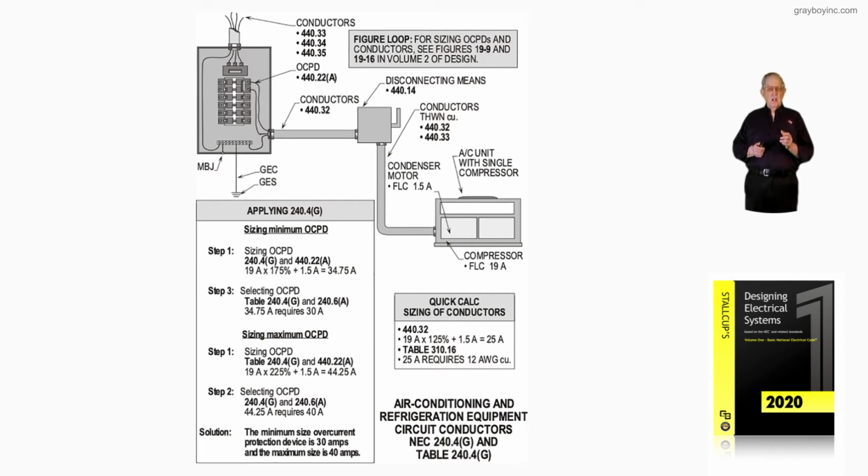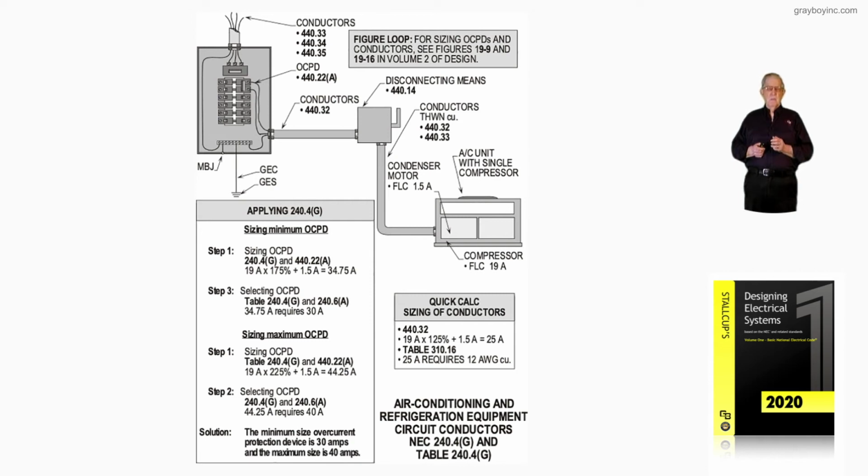Now, in step 1 then, for sizing the maximum overcurrent device, we would take 225% of 19 plus 1.5, we'd come up with 44.25. Again, there is no exception to let you round up, so we would round that down to 40 amps.